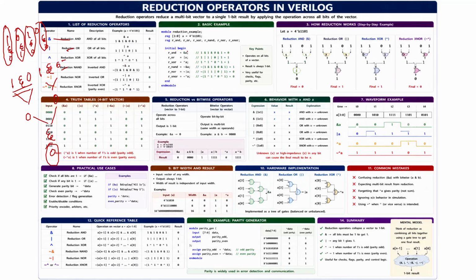See, 1 and 1 you get 1, and 0 and 1 you get 0. Then 0 and 1, the output is 0. Okay, if any one of the inputs is 0, the output is 0. That is the AND operation. So reduction AND operation. Reduction means you get a single value.